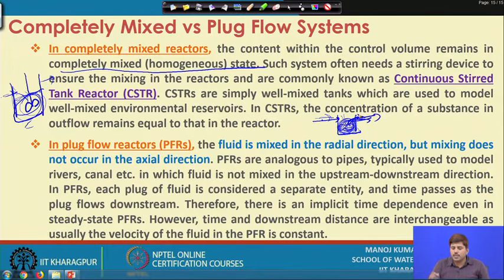So, the water which is leaving the system is actually the water which is inside the reactor and which is homogeneously mixed. So, when this water is homogeneously mixed and this is the water which is leaving the reactor, that means the concentration in the reactor and the concentration in the outlet are going to remain the same, okay.